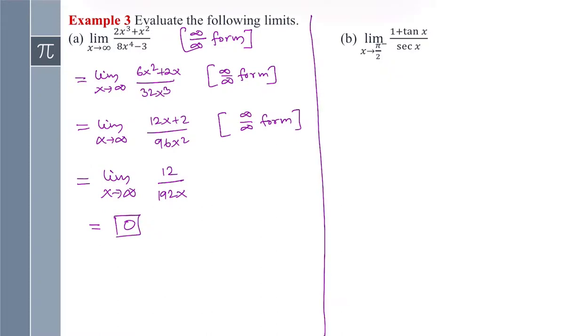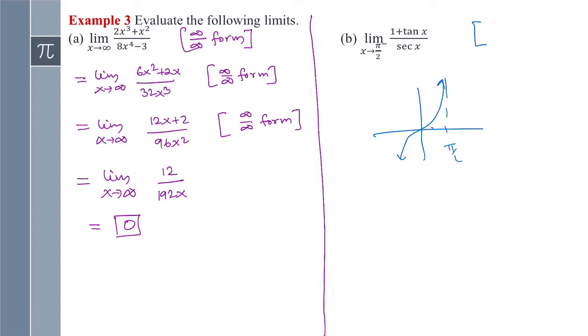Now let's look at this example here. If we plug in pi over 2, tangent of pi over 2 is undefined, approaching infinity, and secant of pi over 2 is also approaching infinity, and this is from the left, because if you look at the graph of tangent, it looks like this at pi over 2.